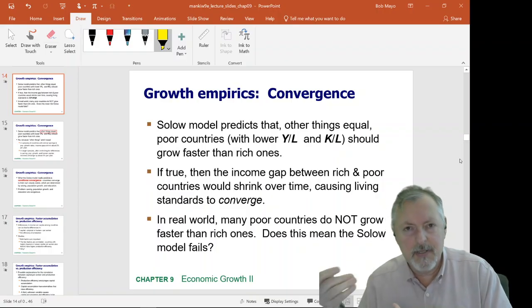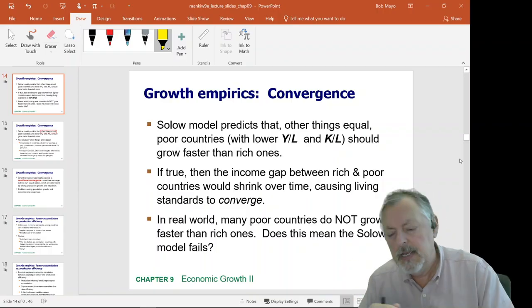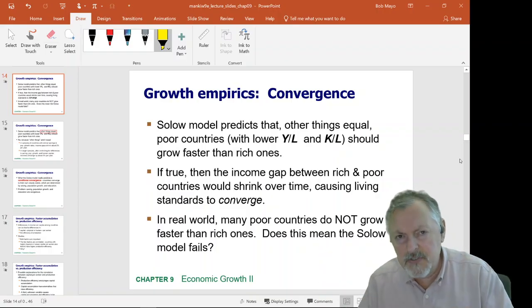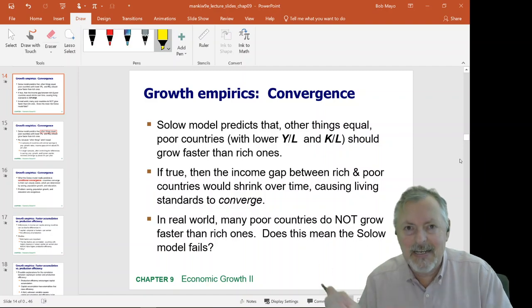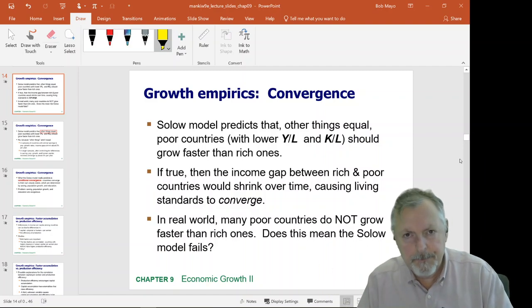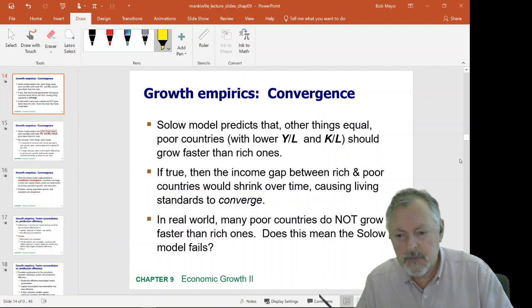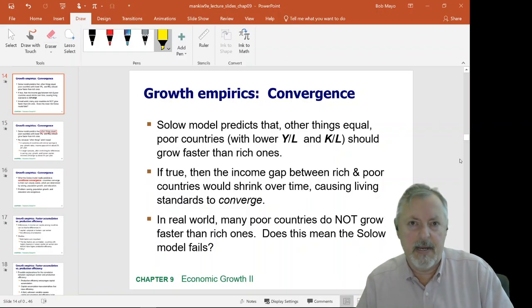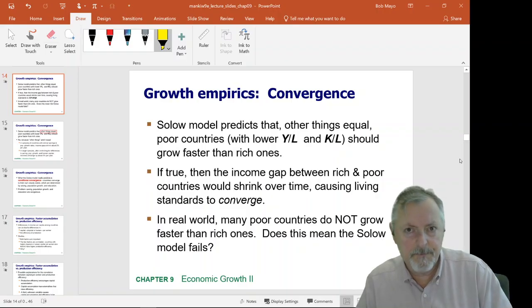If you invest capital in a country that already has tons of it, it's not going to have all that much of an effect. And since the return to capital is its marginal product, if you want the highest rate of return, you should put it in poor countries, because it'll have the biggest effect on output and thus biggest return to your investment.